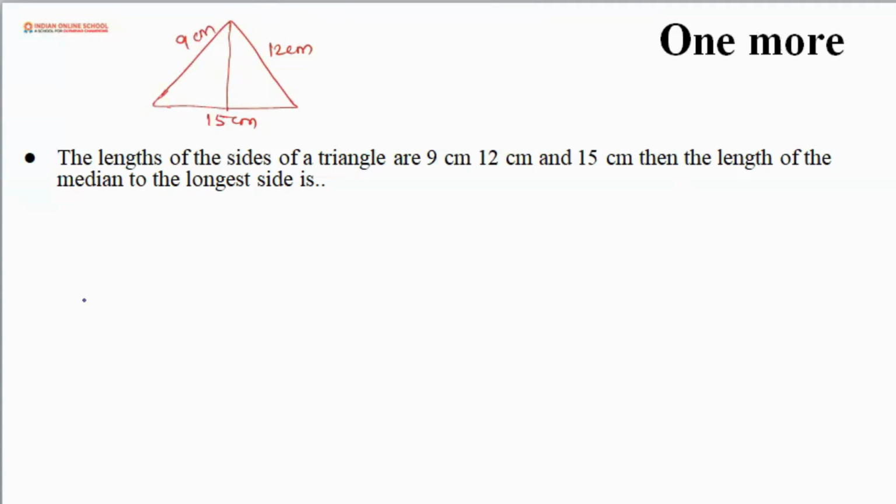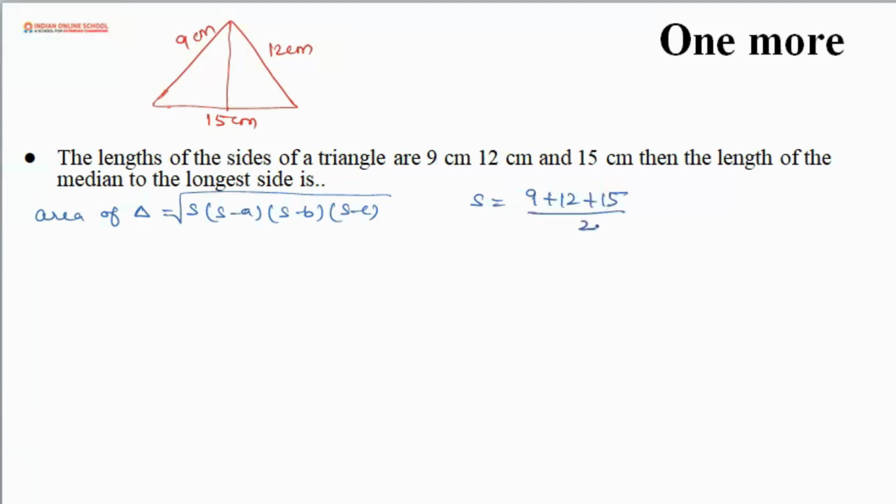So for this, first we need to figure out the area of the triangle. The area of the triangle is equal to the root of S times S minus A, S minus B, and S minus C. First, we need to figure out the value of S, which is equal to 9 plus 12 plus 15 divided by 2. 9 plus 12 plus 15 gives us 36, divided by 2 gives us 18.